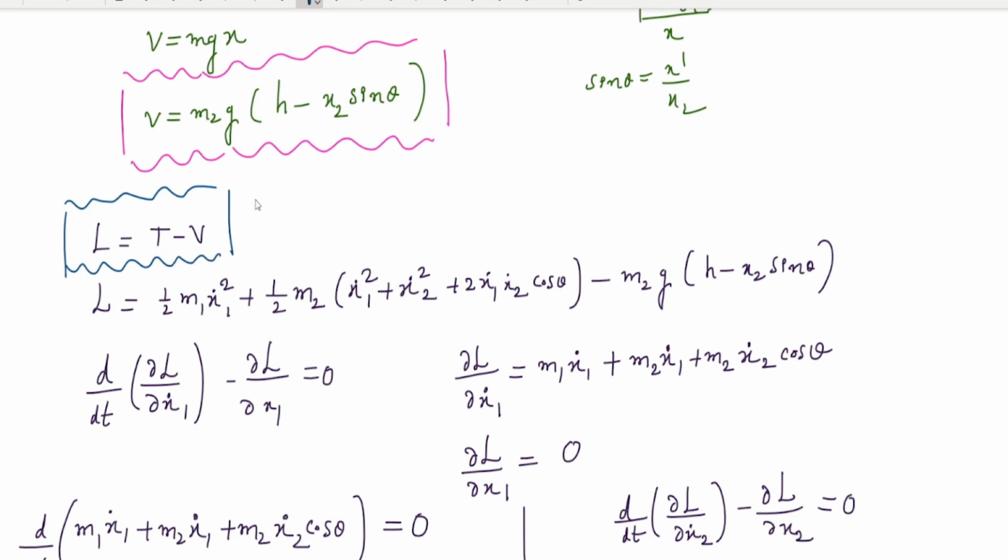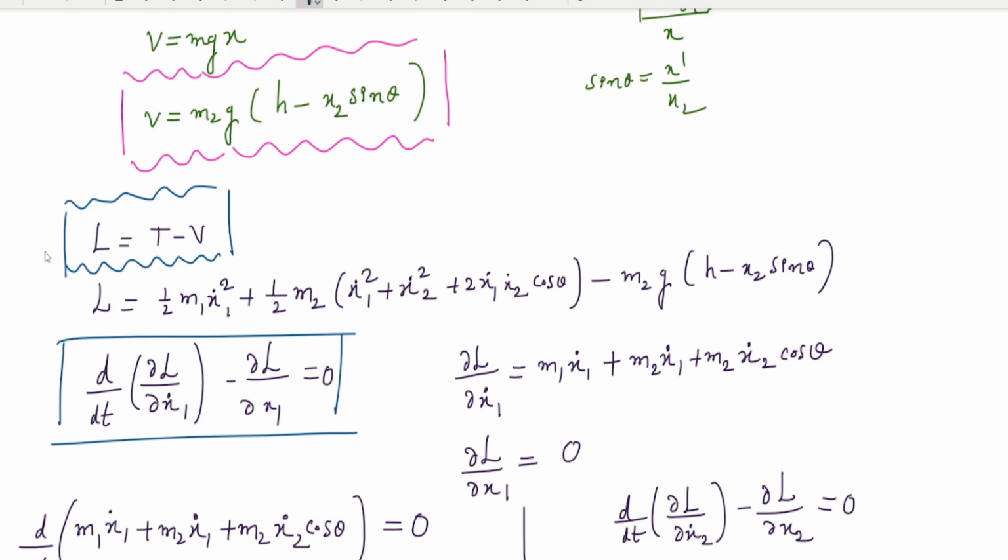Some objective questions ask what is the Lagrangian of the system. They give options: L equal to T plus V, L equal to T minus V, and the Lagrangian equation. This is the Lagrangian equation, and this is the Lagrangian function.